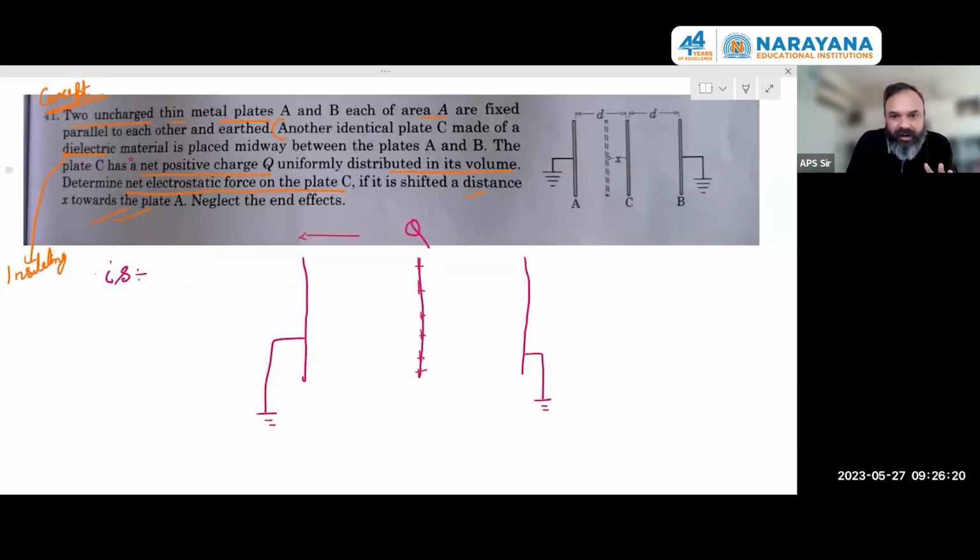If this distance is d, this distance is also d. In the initial state, my charges will be 0, 0 on the outer side, and on the inner side it will be minus q by 2, minus q by 2.